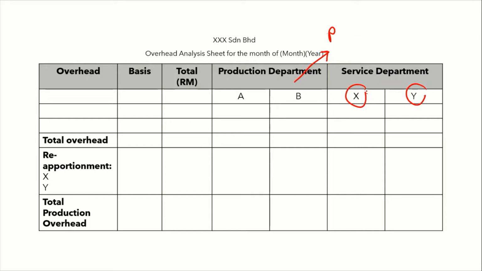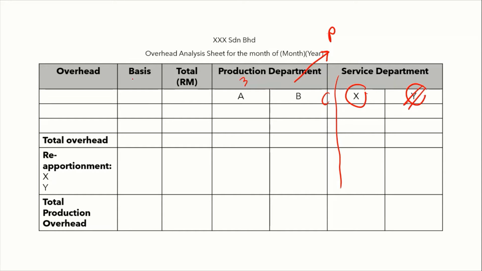If there are 2 service departments, you put 2. If there's only 1, you put 1. The same with production departments: if there are 3, you add another column. Just like our question before, we have 3 production departments, so there will be another column here, and our service department only has 1, so only 1 column is needed for service.